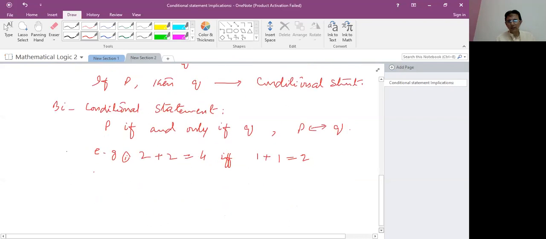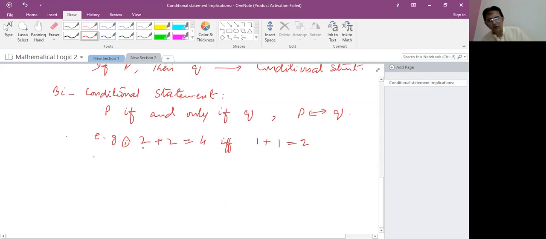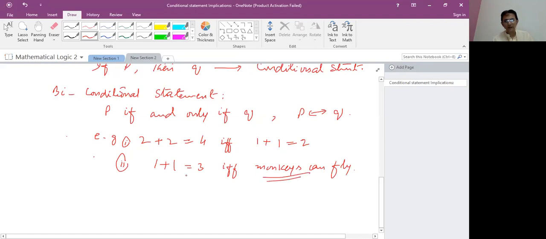Both are biconditional. Now another example: 1 plus 1 equals 3 if and only if monkeys can fly. It means when monkeys can fly, then 1 plus 1 equals 3. It may be possible. So both of these statements are called biconditional statements.